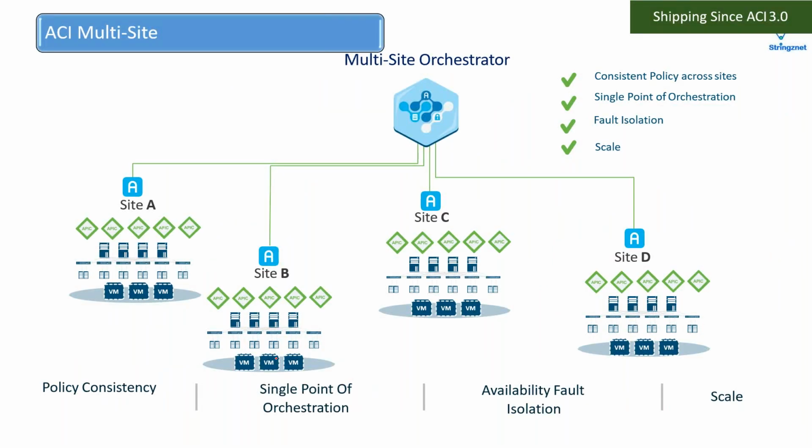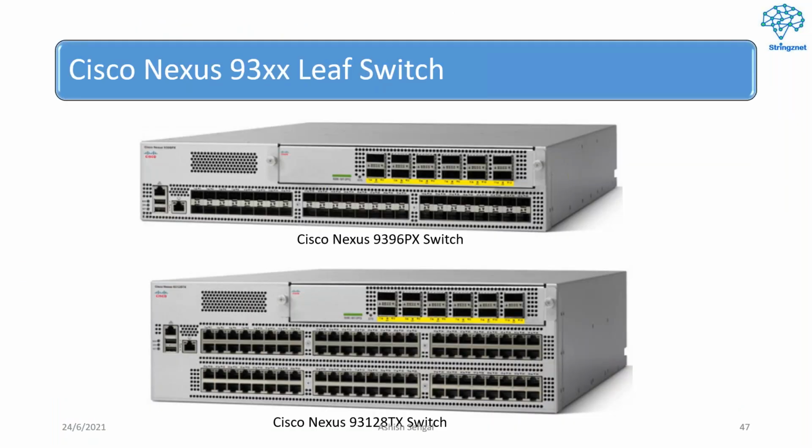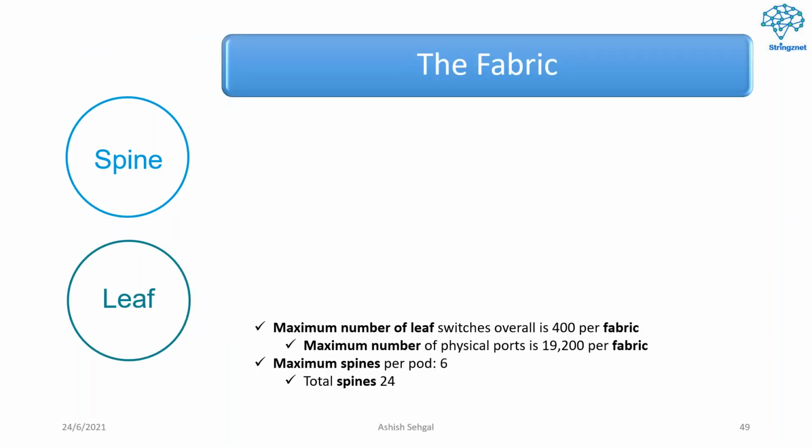So there are baby spine switches. For example, this particular model, sorry, the model I have not shown over here. 9336PQ is a baby spine switch, which is qualified to be deployed as an ACI spine switch.